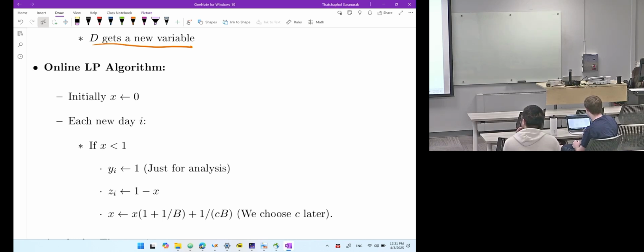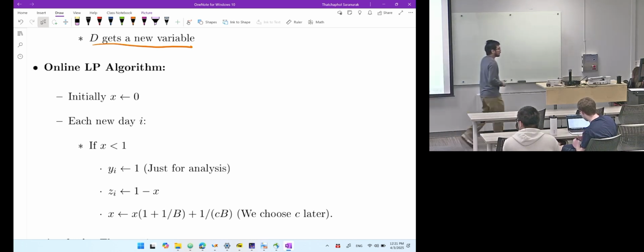If it's at least 1, then you don't have to do anything. Everything is satisfied from now on. But if it's less than 1, the new variable yi for day i comes to you, and I'm just going to set it to 1. This is just for analysis, really. It doesn't affect anything below.